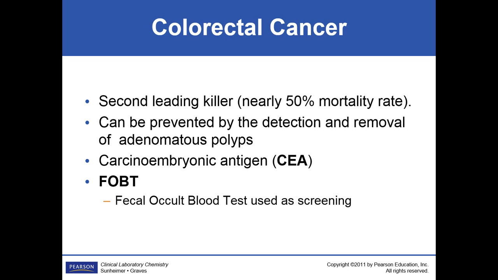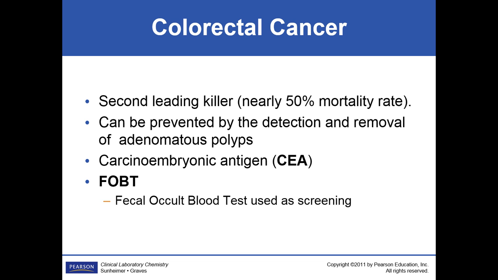Another more generic marker we use is CEA, Carcinoembryonic Antigen. This is not specific for colon, but we do utilize it along with fecal occult blood test for screening, and we're mostly looking for that blood in the stools.